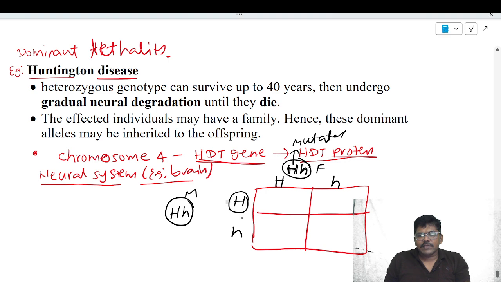One gamete carries capital H, the mutated allele, and the other carries small h, the recessive, normal allele.